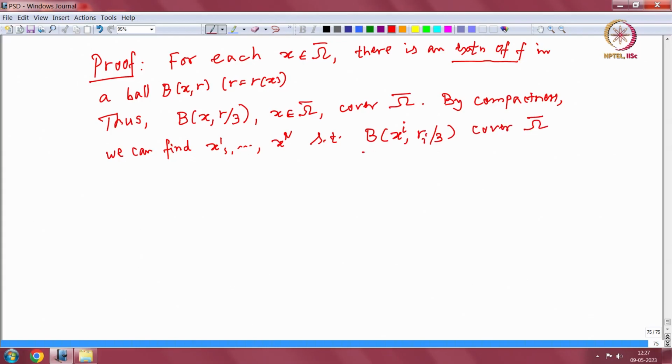And in each of these balls we have an extension of f. Given any rho positive, we can assume this ri is less than rho.